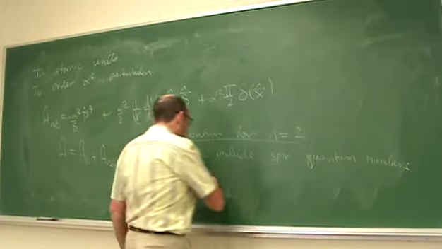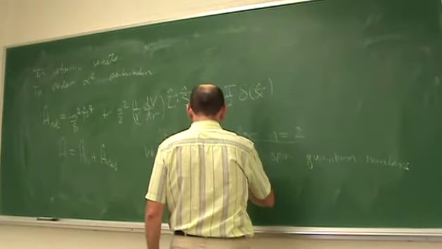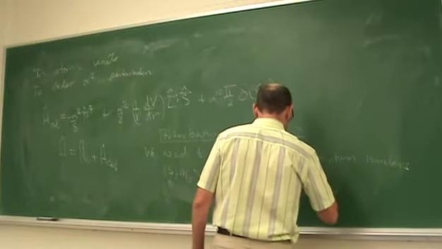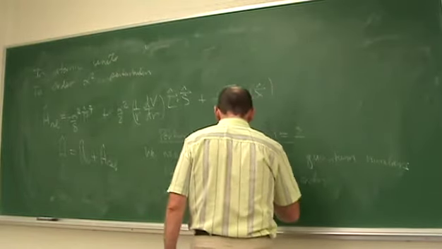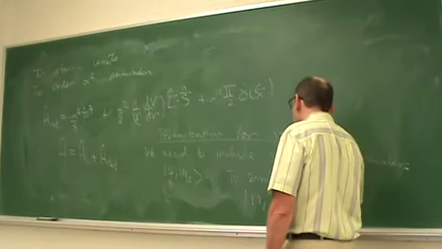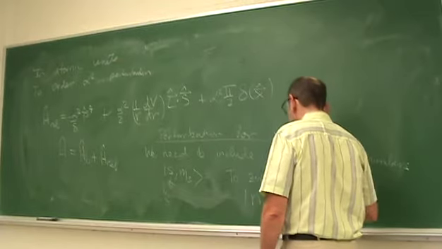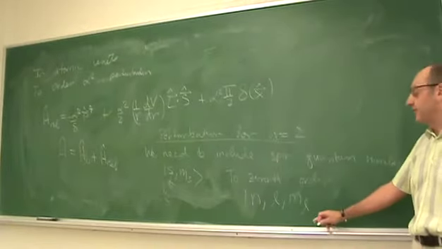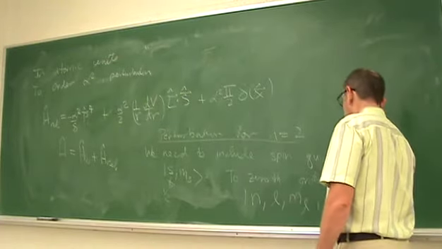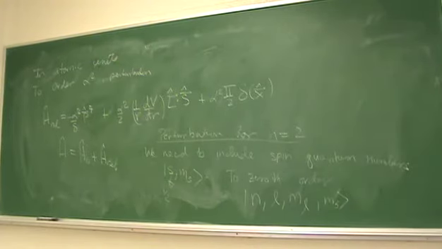So in the absence of the perturbation, the zeroth order, our good quantum numbers are the principal quantum number, the orbital angular momentum magnitude quantum number, the projection, which I'll now call m sub L to emphasize that this is the projection of orbital angular momentum, as well as m sub S. And the degeneracy is now multiplied by a factor of 2, because spin up and spin down have the same energy.